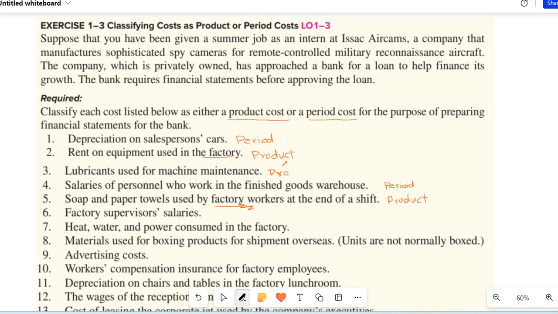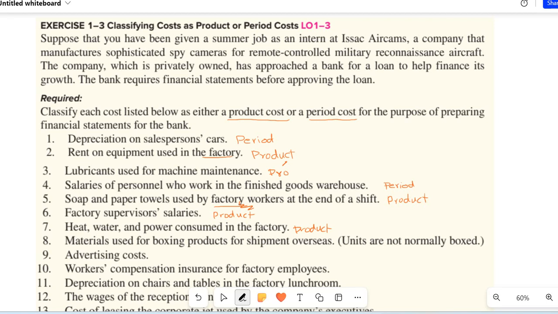Factory supervisors' salary, it's a product cost. Heat, water, and power consumed in the factory, it's a product cost.